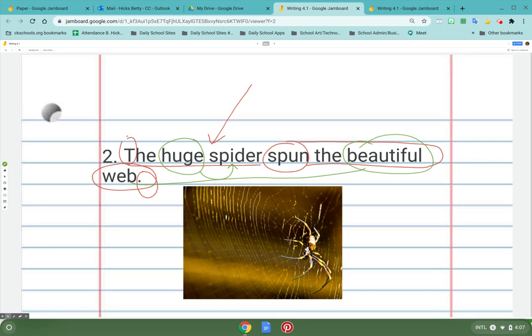See how I totally changed it in your mind? The dangerous spider spun the deadly web. So those adjectives change that picture in your mind. All right, so that is an incredible sentence. And then always make sure that I read it to somebody. All right, let's go to the next one now.